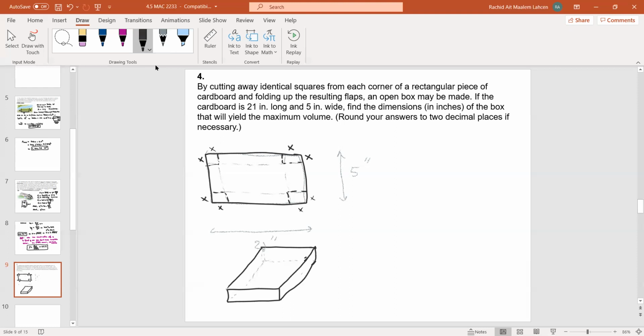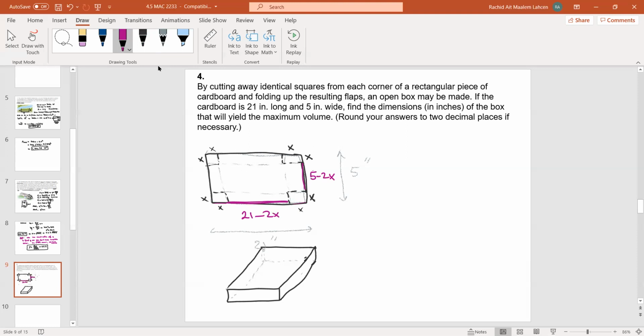So what does this mean? If this is X and this is X, and this width is 5, that means this remaining part here, let's do a different color here, is 5 minus 2x. If this whole thing is 21, and this is x, and this is x, then what's left here is 21 minus 2x.